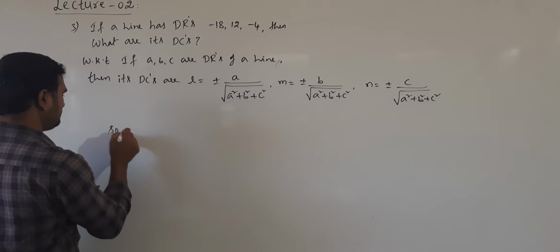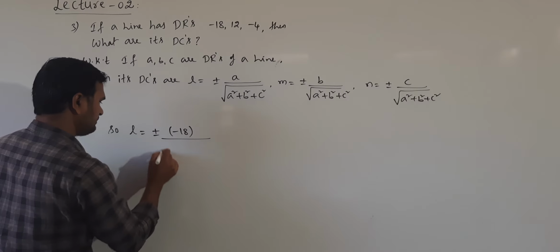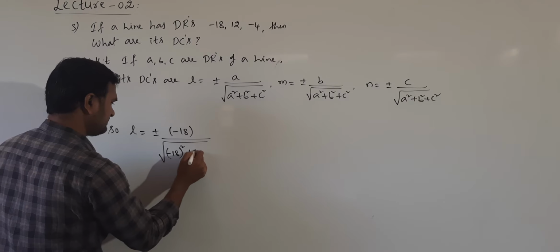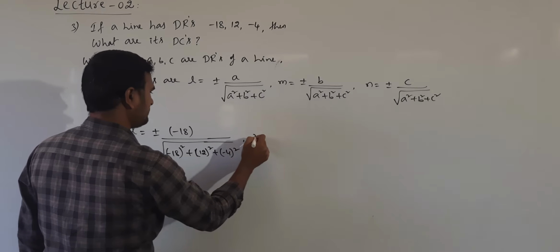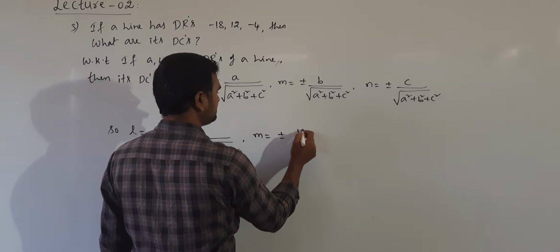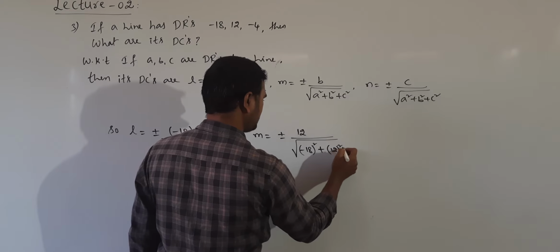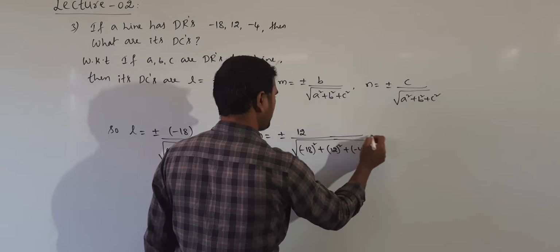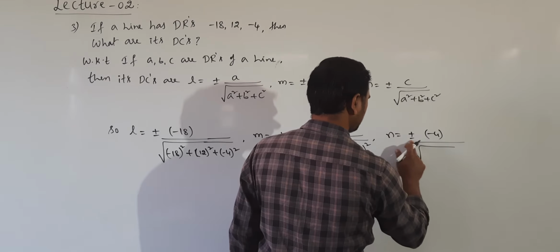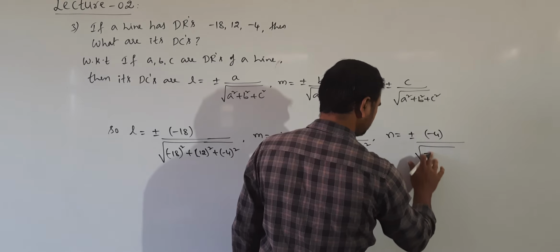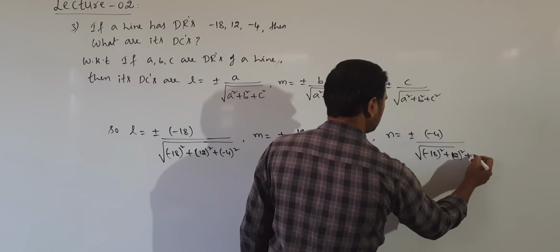So L we can write as plus or minus A, minus 18, divided by root of minus 18 whole square plus 12 square plus minus 4 square, comma, M is plus or minus B, 12, divided by root of minus 18 whole square plus 12 square plus minus 4 whole square, and N is plus or minus minus 4 divided by root of minus 18 whole square plus 12 square plus minus 4 whole square.